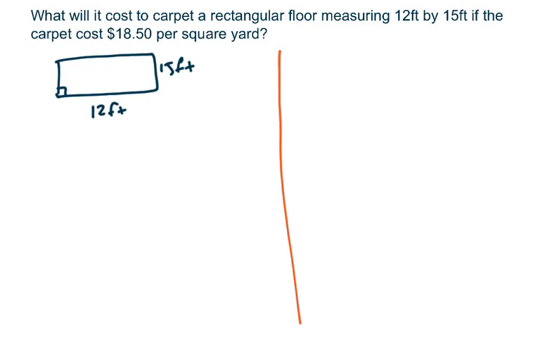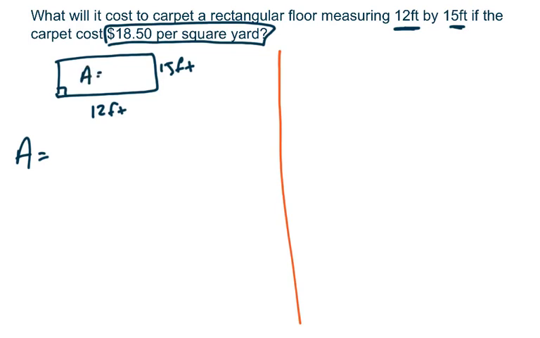And then I'm going to notice something because I'm not going to get tricked. This is in feet, but then it talks about here $18.50 per square yard. Okay, so I'm not going to just jump in with numbers right there because I have two different units. And so for this to work, we have to have everything in the same unit. So I'm going to go with the first one being by feet, and I'm going to go ahead and find the area using feet.